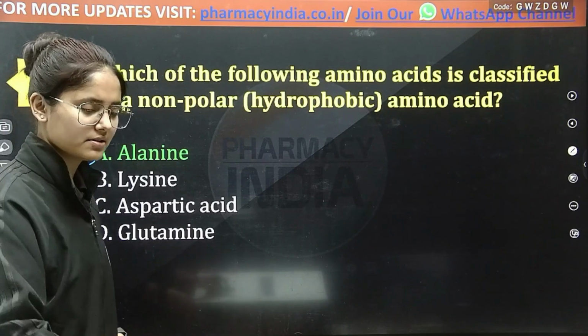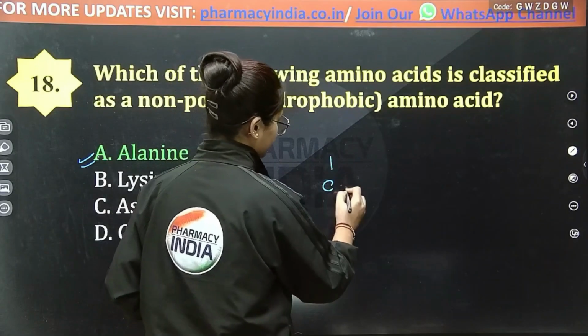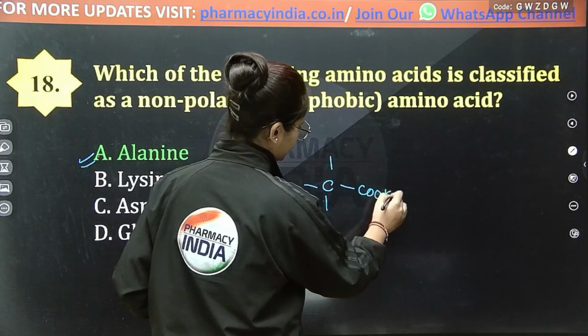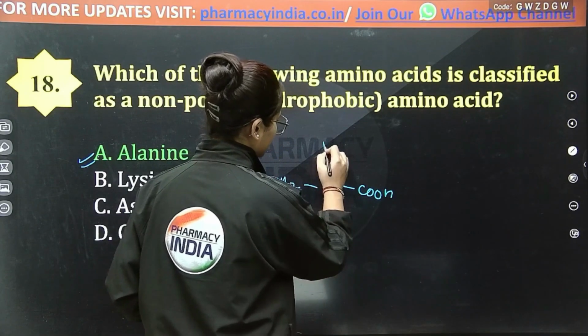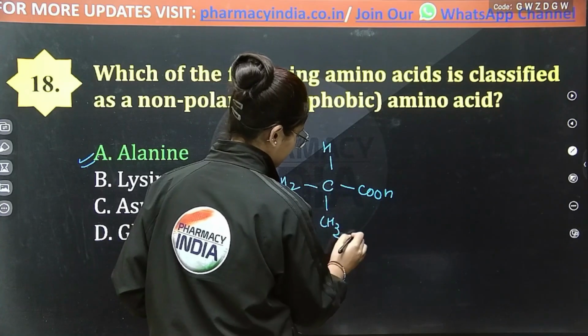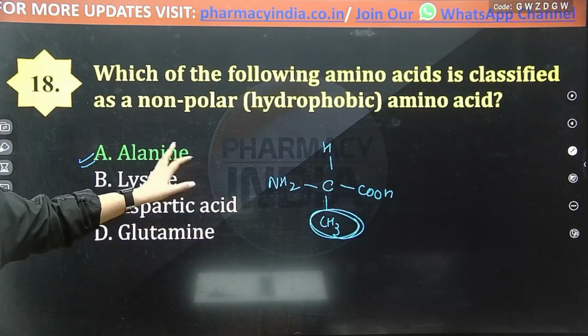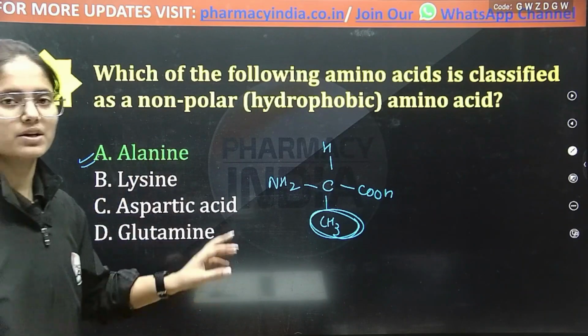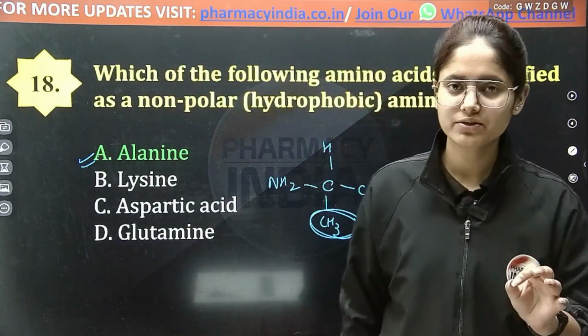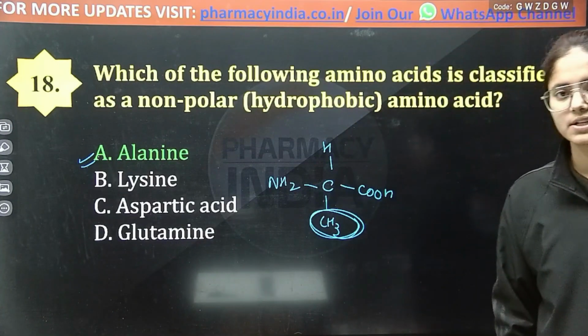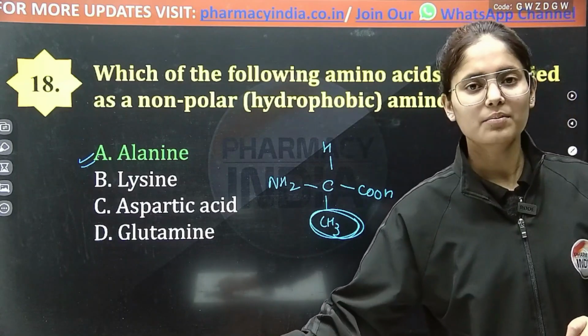Why? See. COOH, NH2. This is H and this is CH3. Because of the methyl group, alanine is considered a non-polar hydrophobic amino acid because CH3 is a non-polar compound. Clear?